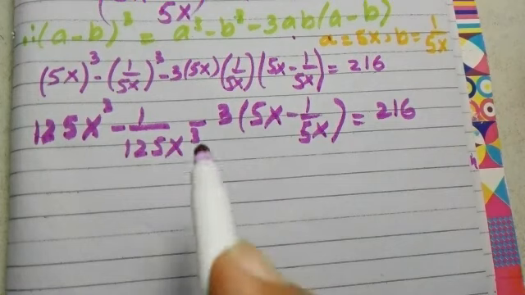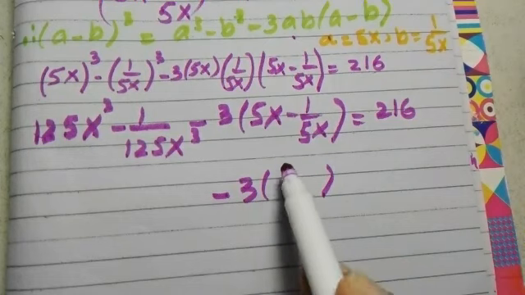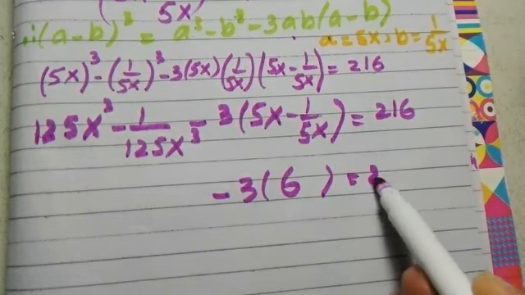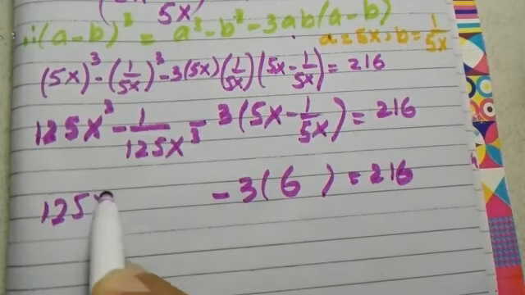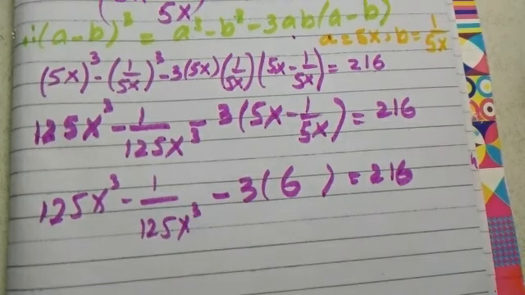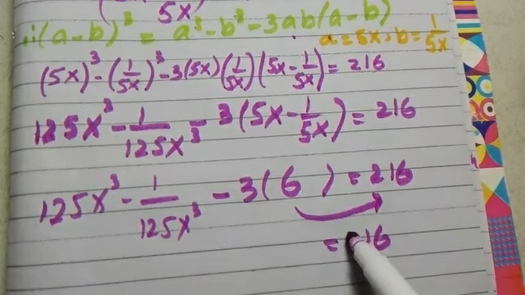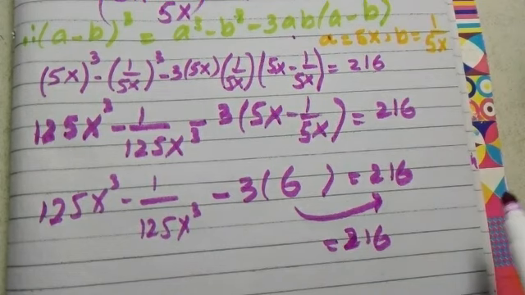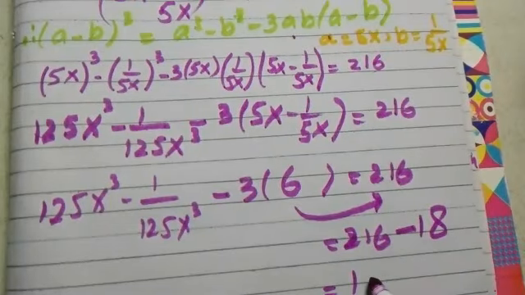Now, it has a value which is given in the question. Substitute in its place. This is written as 6. And 125 x cubed minus 1 over 125 x cubed will be as it is. Now shift it on the other side. 216 minus 18 will become 198.